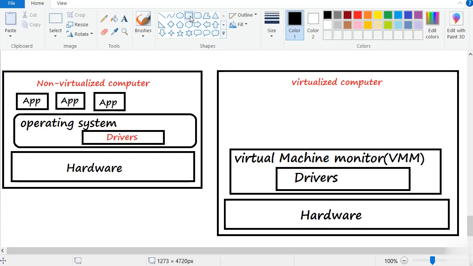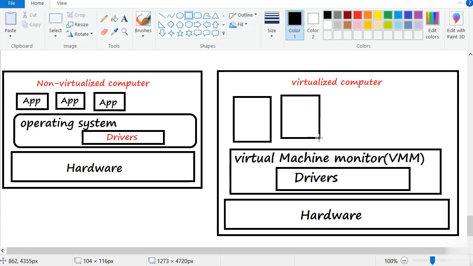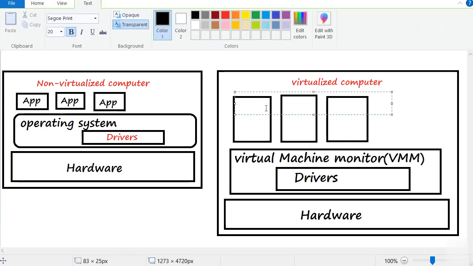Next, in virtualized computers, you can create virtual machines like this. For example, I am creating 3 VMs. These are my 3 virtual machines.